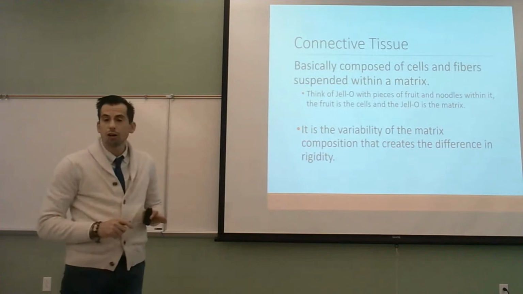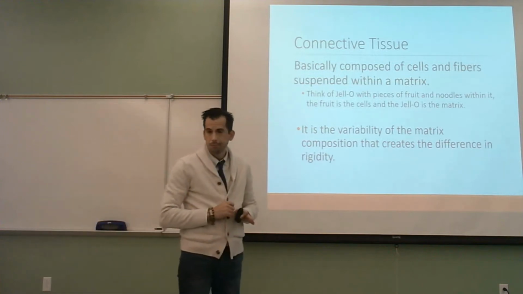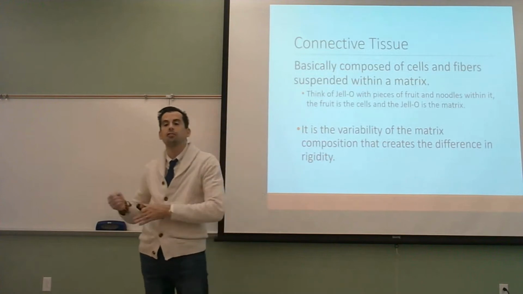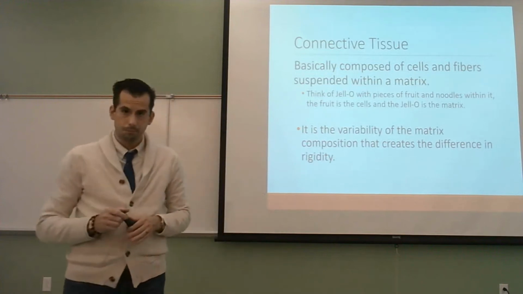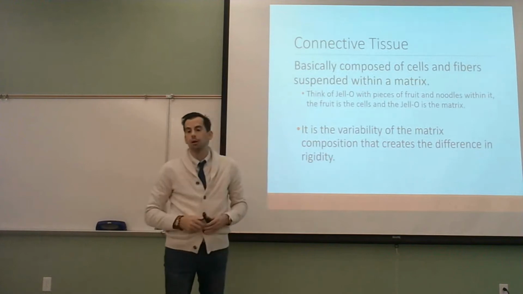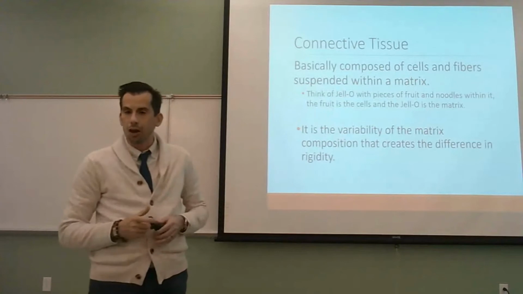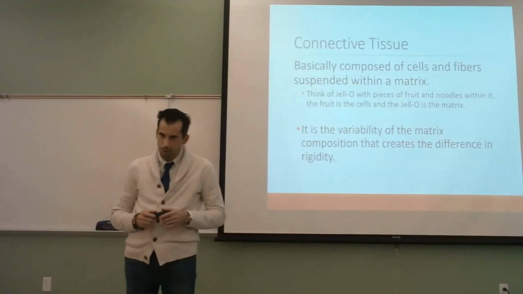Well, picture you're making that Jell-O dessert, and you're going to put bits of fruit in it. The fruit's going to represent the cellular component. Now, in addition to the fruit, we're also going to put spaghetti noodles in it. The noodles representing the fibers that are going to be part of that connective tissue.